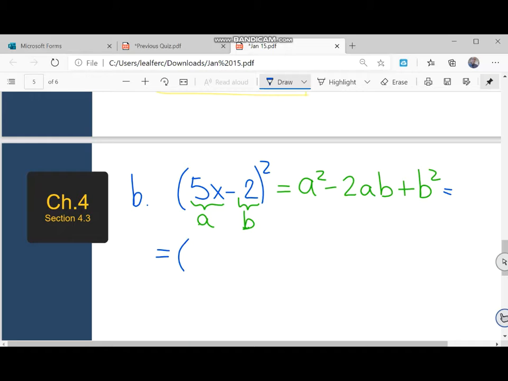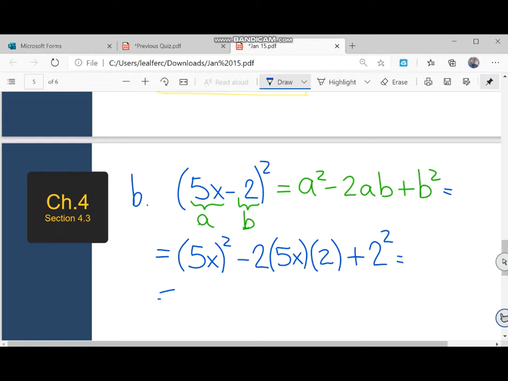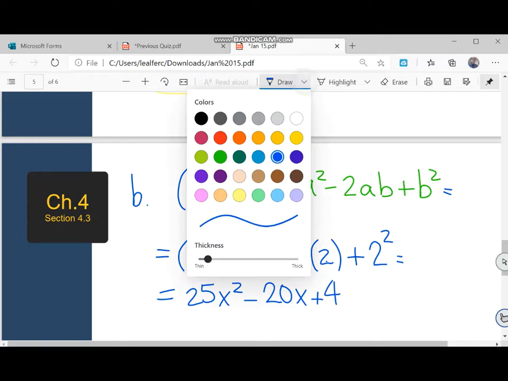A squared: 5x squared, minus 2 times a is 5x, b is 2, plus b is 2 squared. Simplify. 5 squared 25, x squared, minus 2 times 5, 10 times 2, 20, and 2 squared is 4. This is the answer.